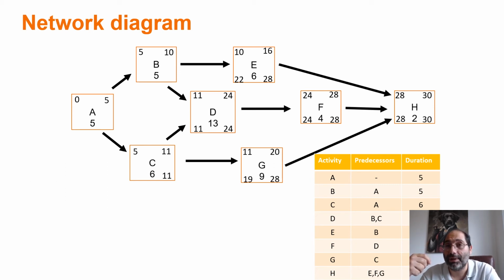Now the rule of thumb is that when I do my backward pass, I always choose the lowest number, or when I complete low, I choose low. Remember, the late finish time is at the bottom right corner. So 11 and 19, I choose 11. Minus 6, which is the duration of C, 5.